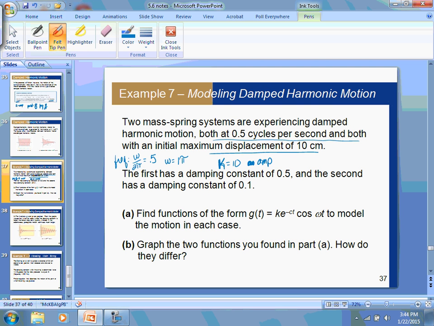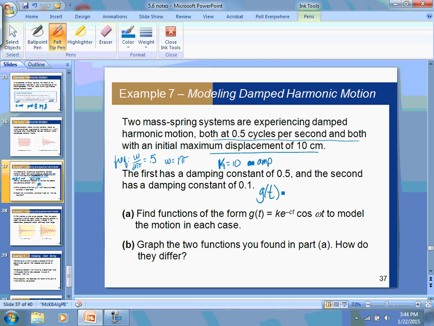Okay, so for part A, it says find functions in this form to model both cases. So again, we have our k, we have our w, and we have our c. So we can go ahead and write those equations. So let me write one of them up here.